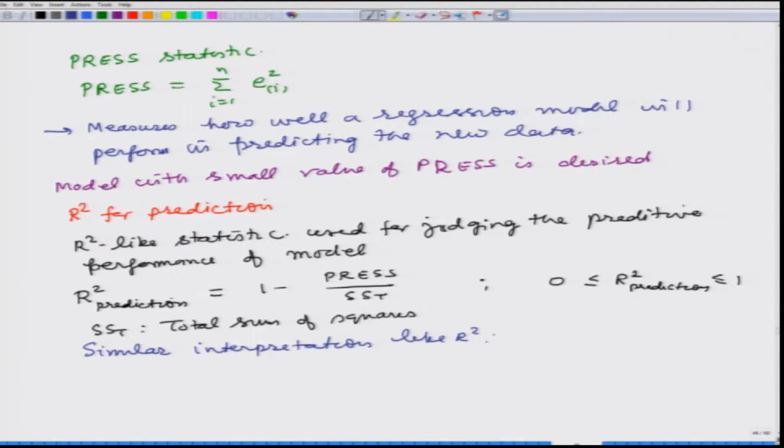And this also has a similar interpretation as R square. For example, when R square is 1, that means the model is really good for prediction. This is an extreme case. And similarly, if R square is 0, that means the model is not at all good for the purpose of prediction.